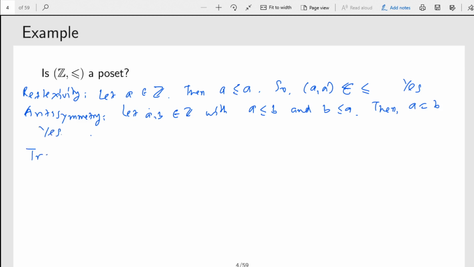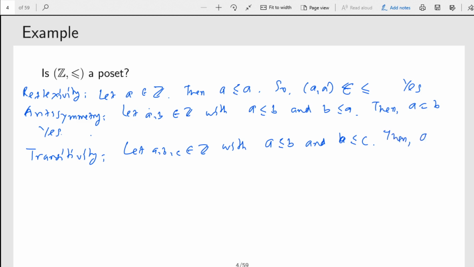And for transitivity, suppose a, b, and c are integers with a less than or equal to b and b less than or equal to c. Then of course this implies that a must be less than or equal to c, because they are all integers.